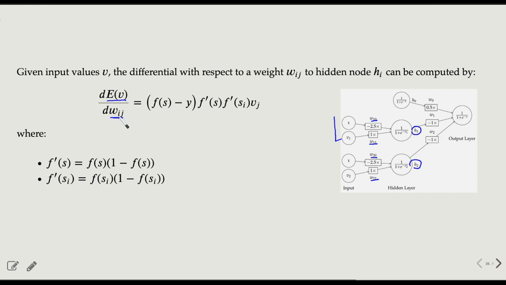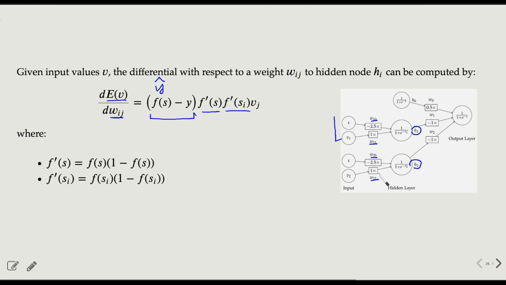The derivative based on the sigmoid function is again the difference between the predicted value y hat and the actual class, times the first derivative of F(S), times the derivative of F(Si).